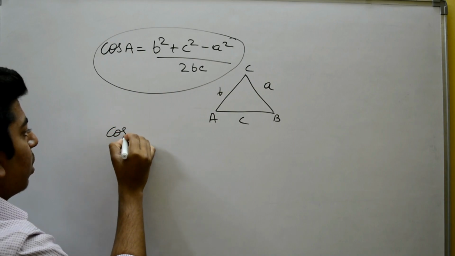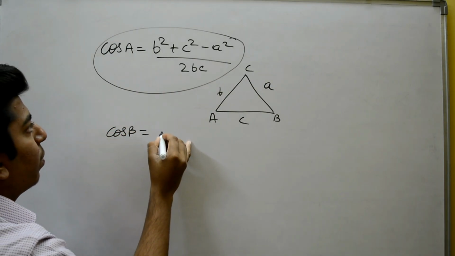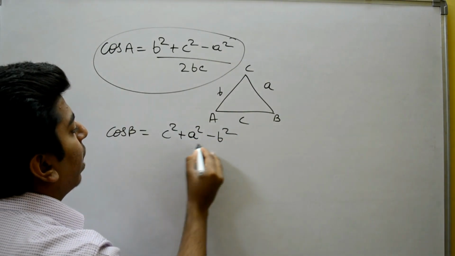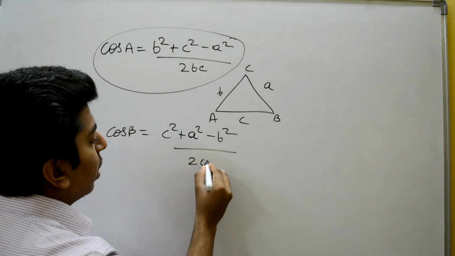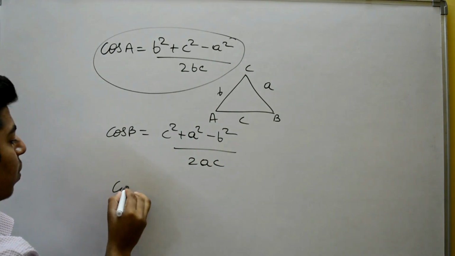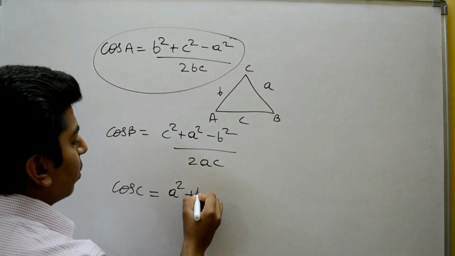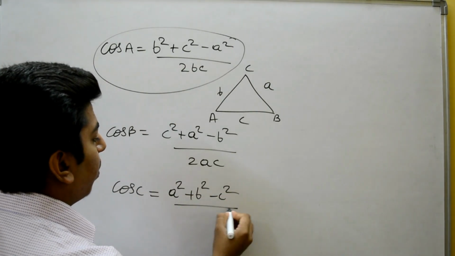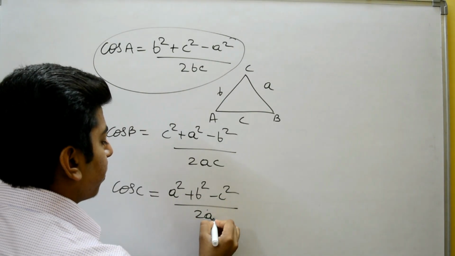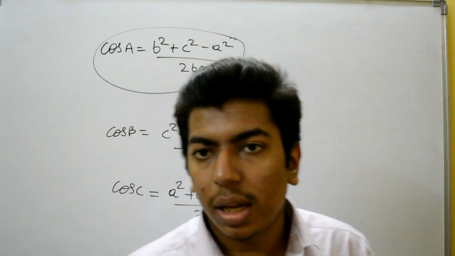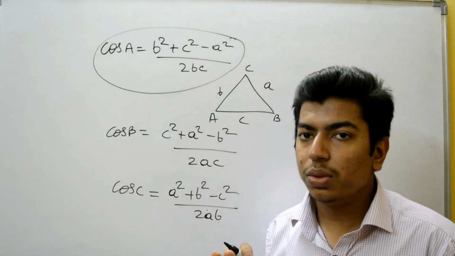Cos B is equal to C square plus A square minus B square upon 2AC. Cos C is equal to A square plus B square minus C square upon 2AB. So these are all the formulae of the cosine rule.